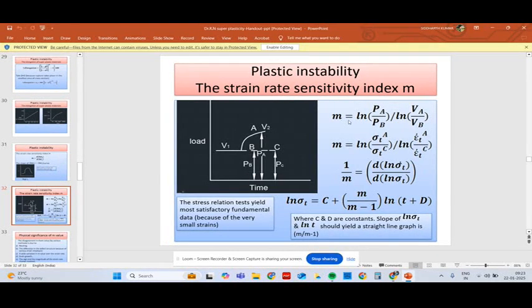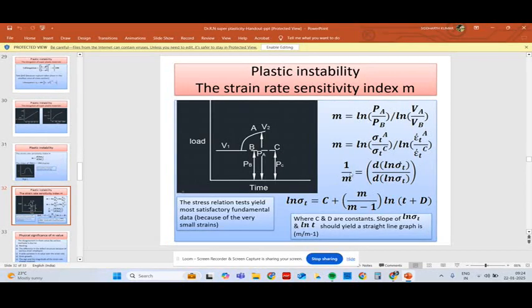So m is given by ln of PA by PB divided by ln of VA by VB, or m equal to ln of sigma A by sigma C divided by ln of epsilon dot A by epsilon dot C.